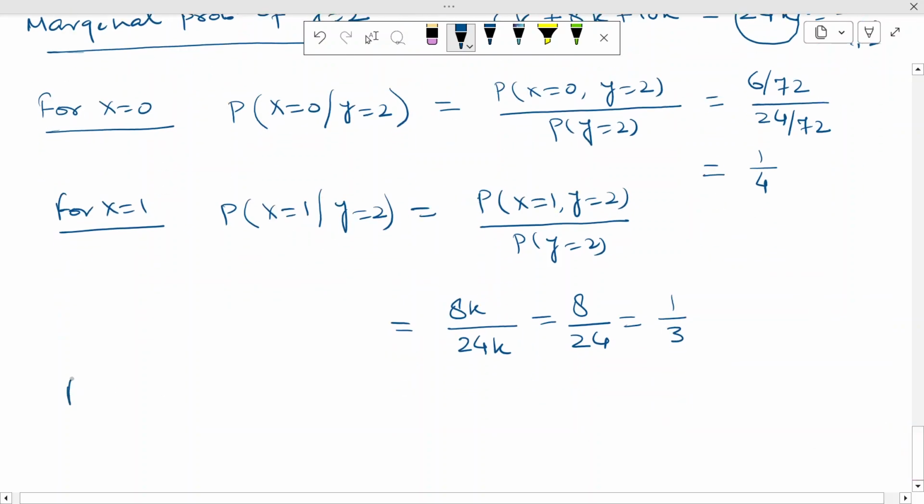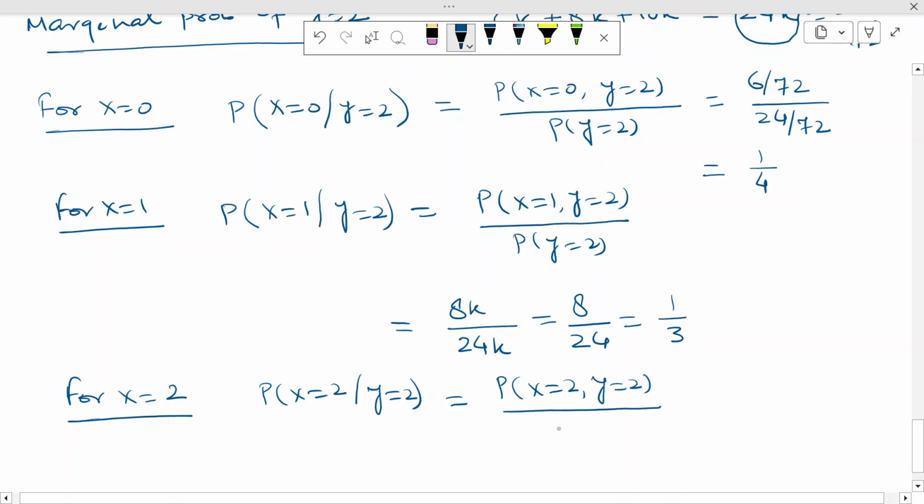And lastly, the last value of x is 2. The probability of x equals 2 given y equals 2 is the probability of x equals 2, y equals 2, divided by the probability of y equals 2.